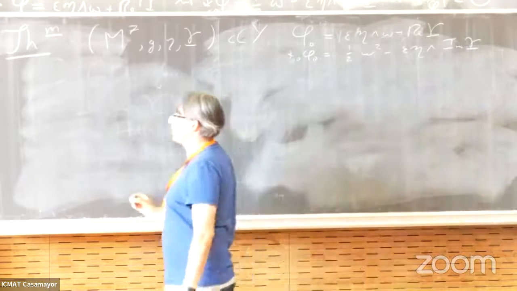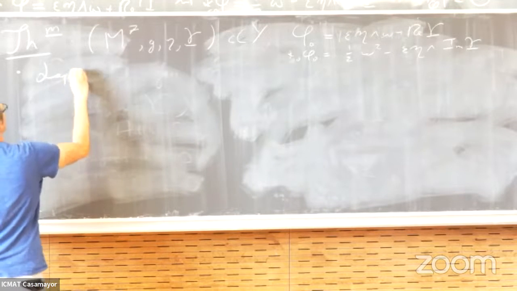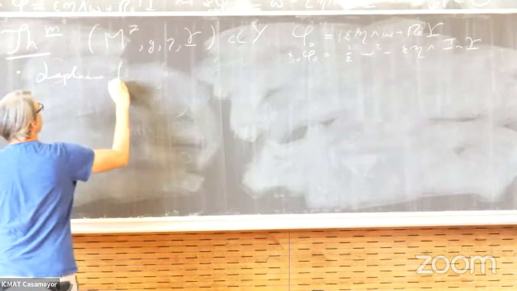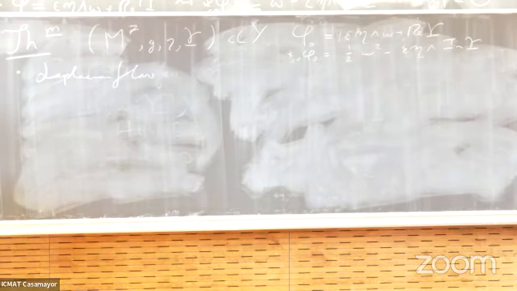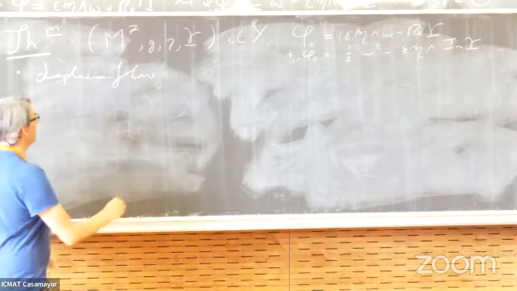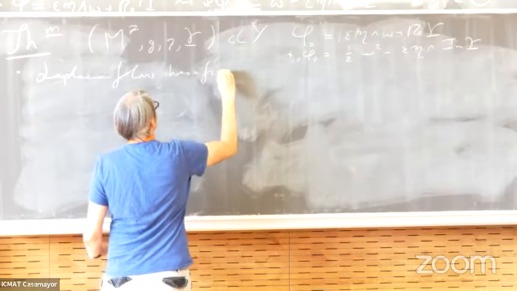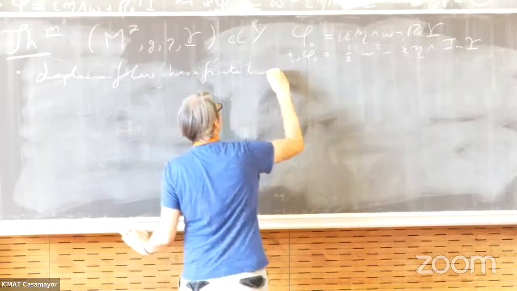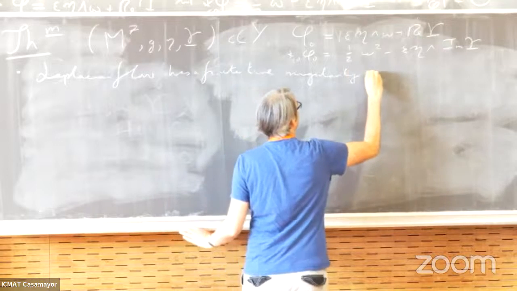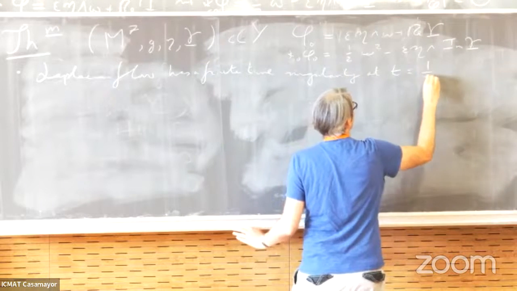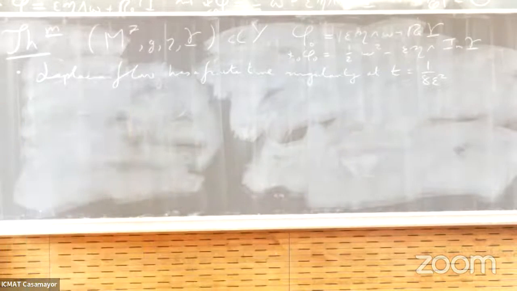And then what happens? Then the Laplacian flow starting at this initial 3-form exists, but has a finite time singularity, at time 1/8 epsilon squared. Doesn't really matter what it is. It's some finite time that depends on epsilon.